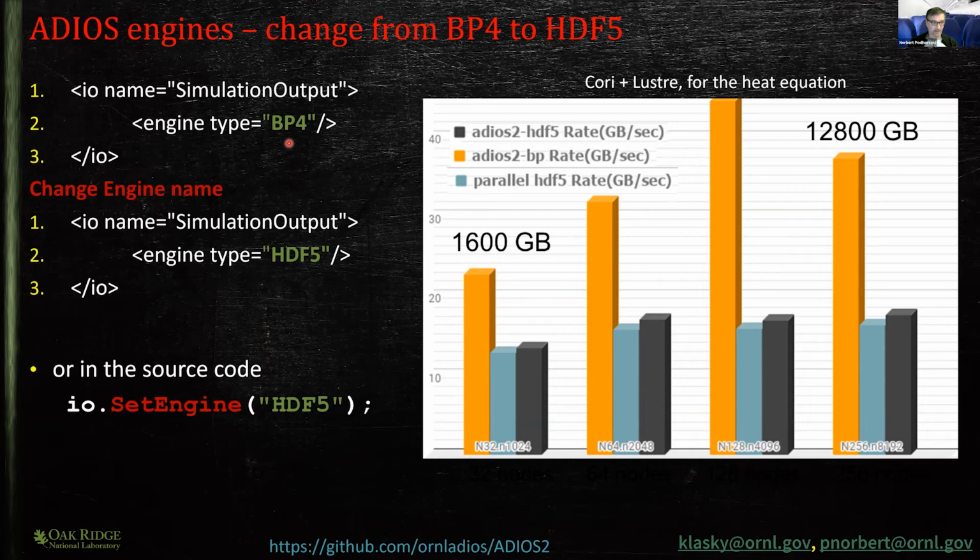Then there is an engine called HDF5 in ADIOS, which is just using parallel HDF5 function calls to create an HDF5 file, just for the fun of it, right? So it's not implementing HDF5, it's using the parallel HDF5 library to write the data out into HDF5 format in case you need it.